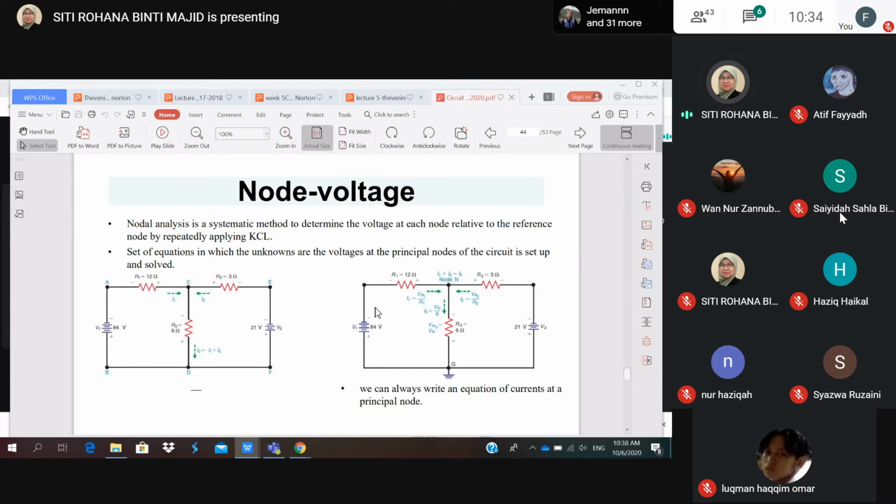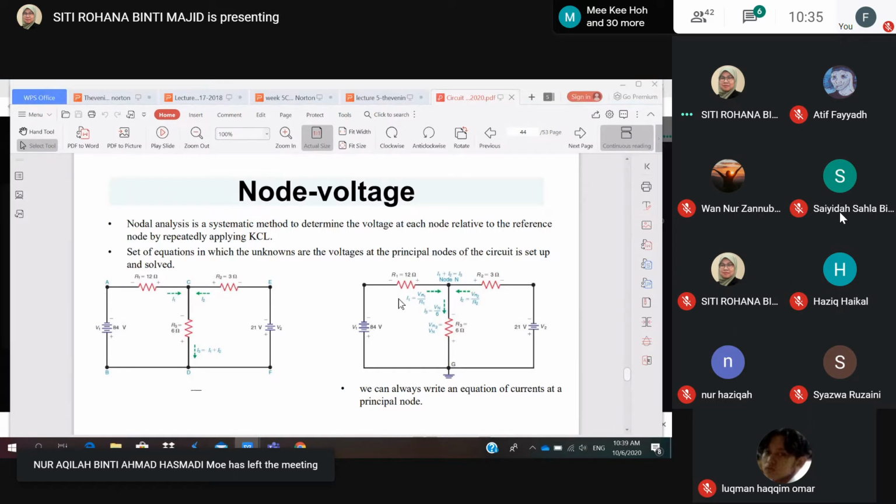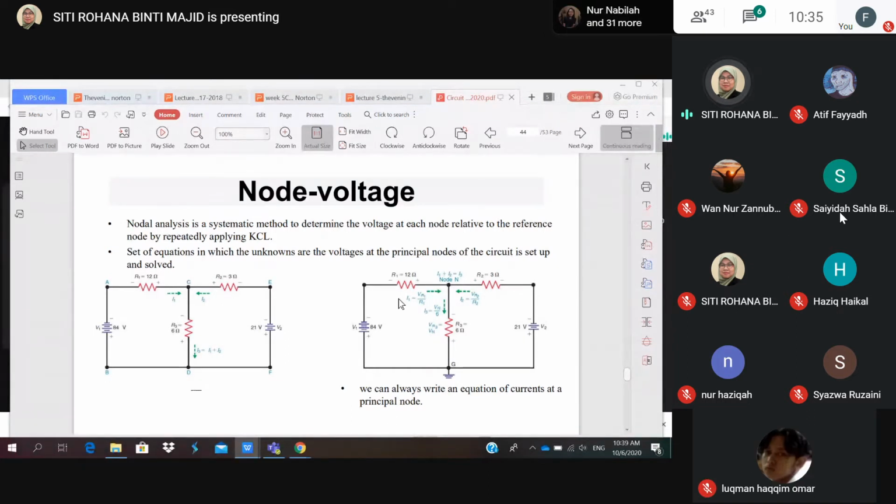For this diagram, we can have a node at one point, which is the N node. From Kirchhoff's law, there is a potential difference between the source and the node across R1, and a potential difference between this source and the node across resistance 3.